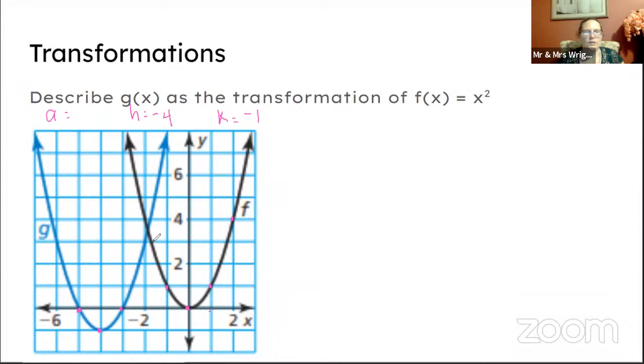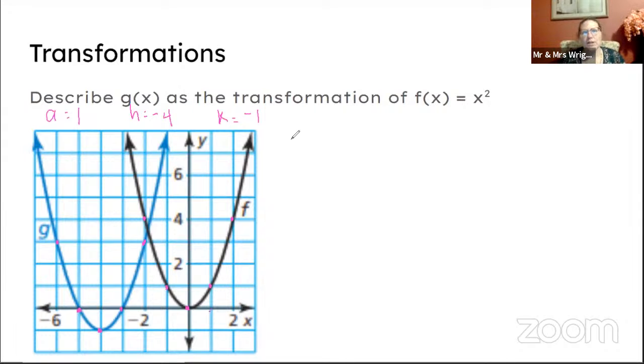Let's see if on the blue graph it did the same thing, just to confirm that there's no stretching or compressing. If we go over 2, 1, 2, 3, 4, it is definitely on our graph. Over 1, 2, up 1, 2, 3, 4. So a is 1. A is not 0. Remember, 1 is what makes it disappear. It's going to perform a magic trick, a disappearing act.